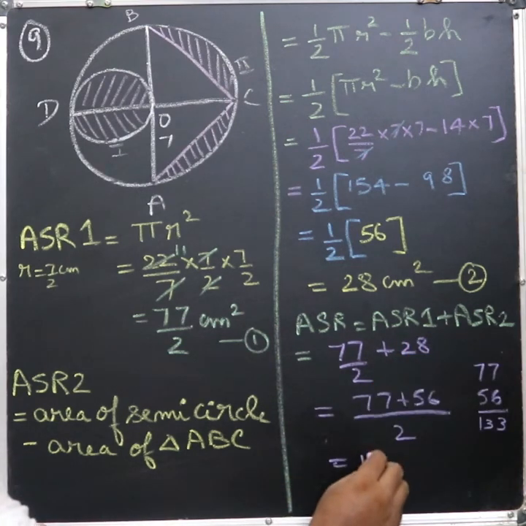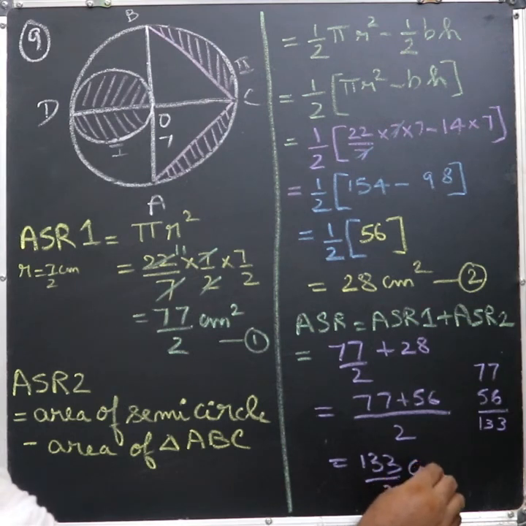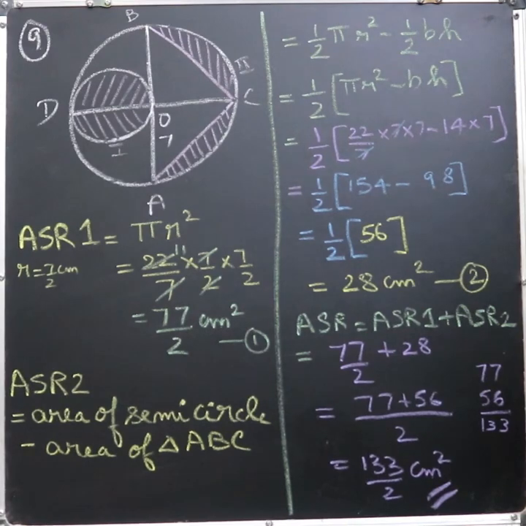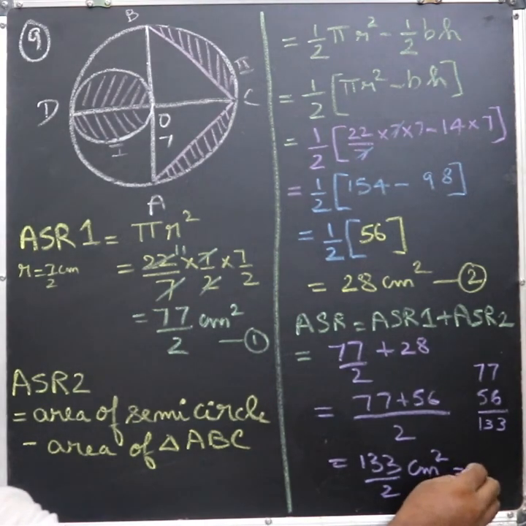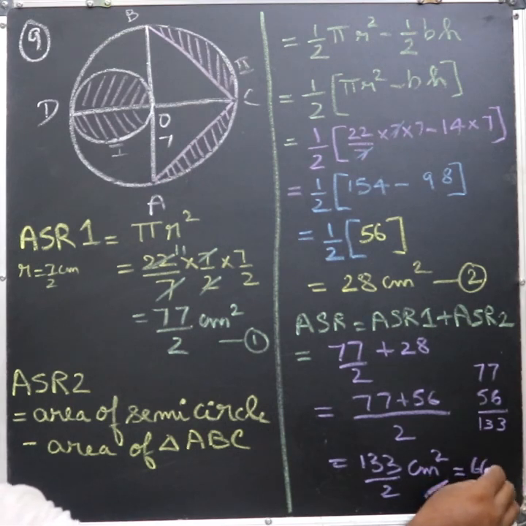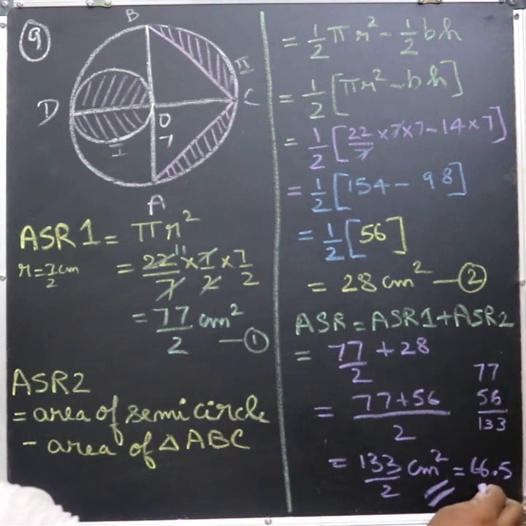That gives 133 by 2 centimeter square. This is the total area of the shaded region. It can also be written as 66.5 centimeter square.